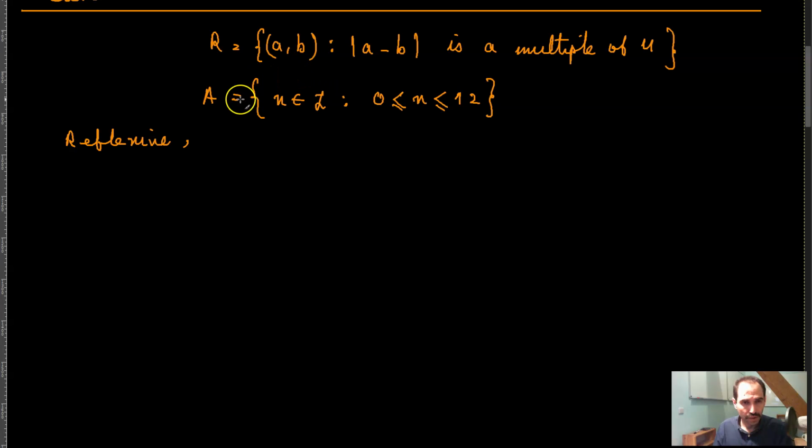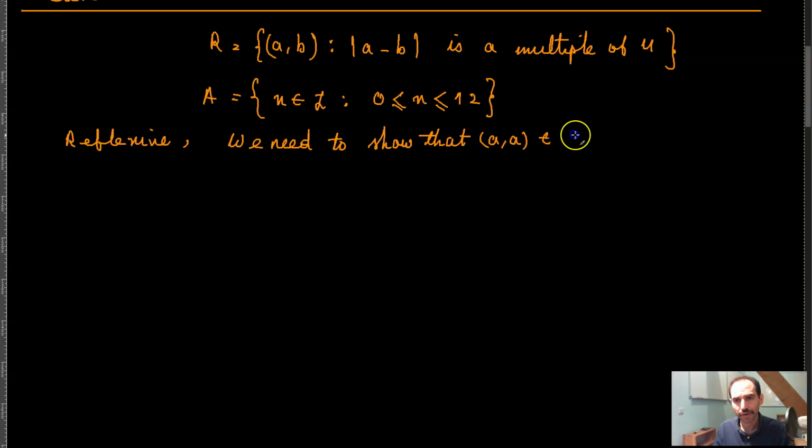So reflexive. In order to show that R is reflexive, we need to show that A comma A belongs to R for all A belonging to A, right?